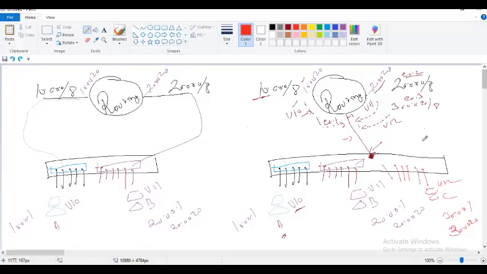Earlier, it was only for ambulance, for fire service, so separate lane.